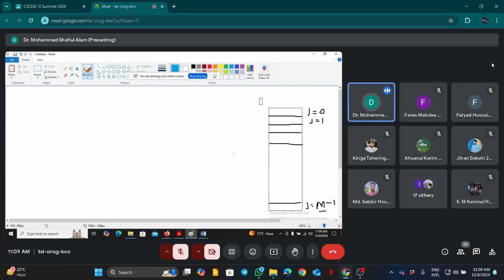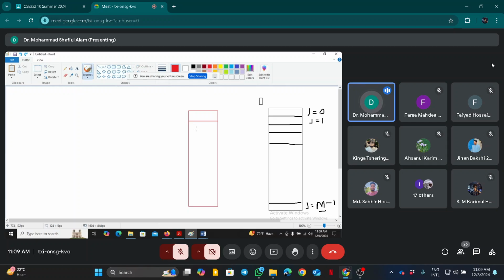So this is RAM, and let's say this is your cache memory. Cache memory is also divided into blocks.